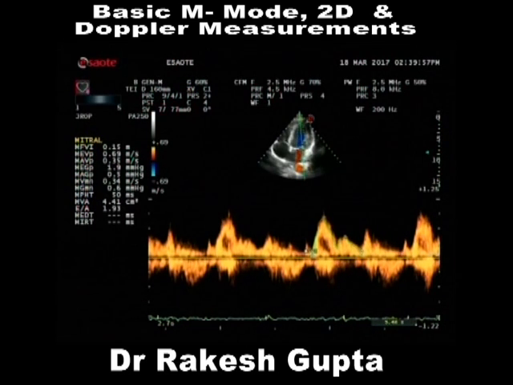What is VTI? The distance over which the blood flows in each stroke. So with one stroke it is traveling 15 centimeters. This blood from here to here has traveled 15 centimeters with one mitral valve opening, with one diastole, E wave, initial opening.